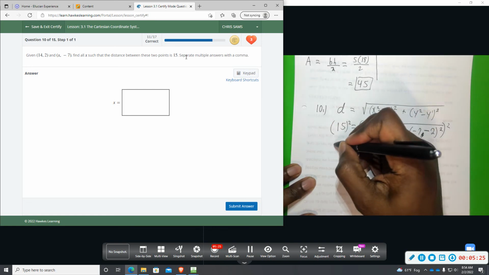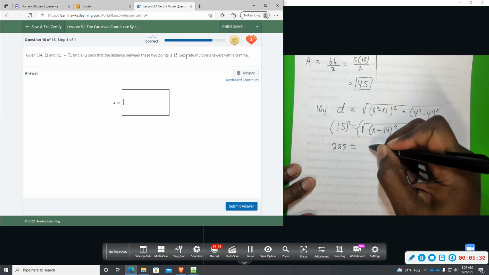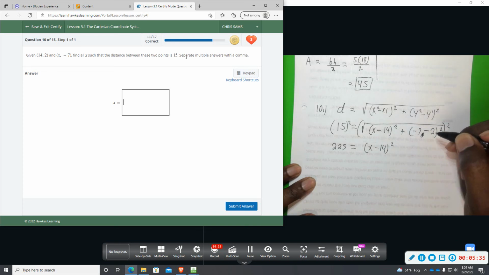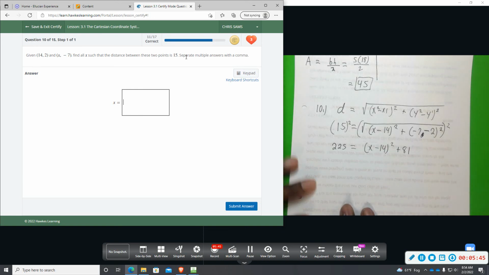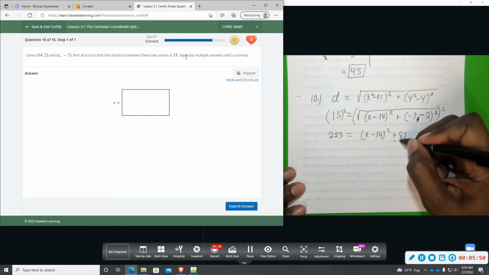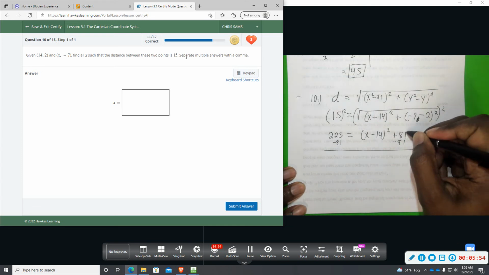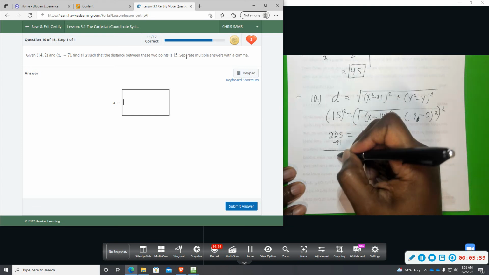15 squared is 225. And then we would have x minus 14 squared. And then we can simplify here. That will give us a negative 9. When you square negative 9, that gives you a positive 81. Okay, so from this point, we're going to move the 81. 225 minus 81 gives us 144.